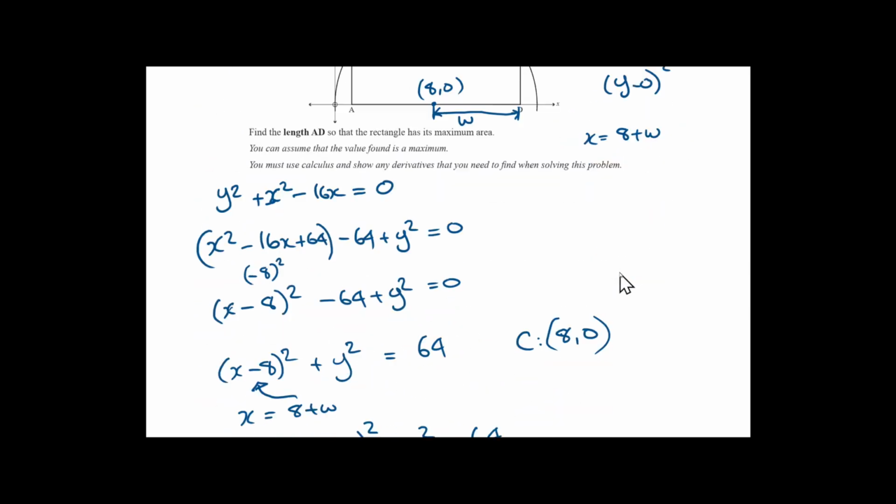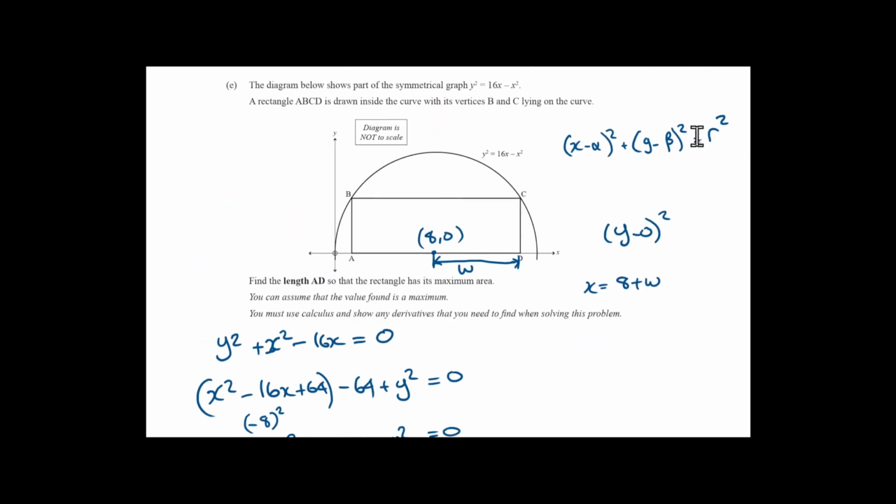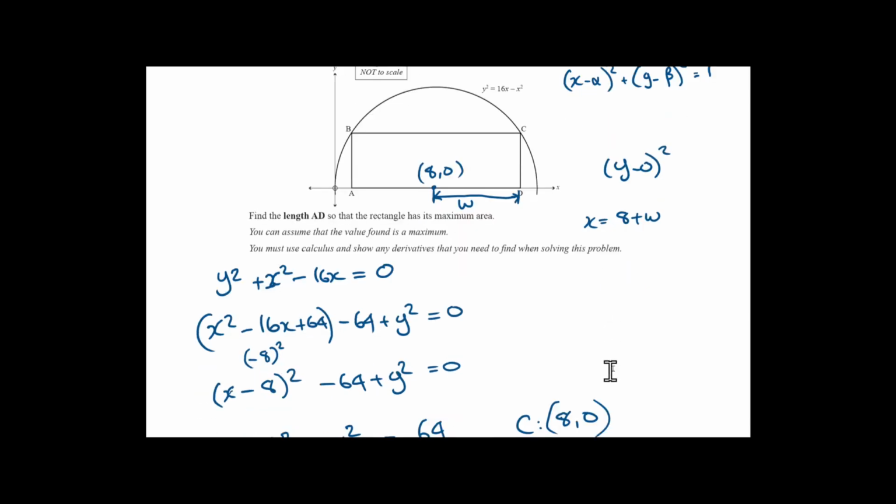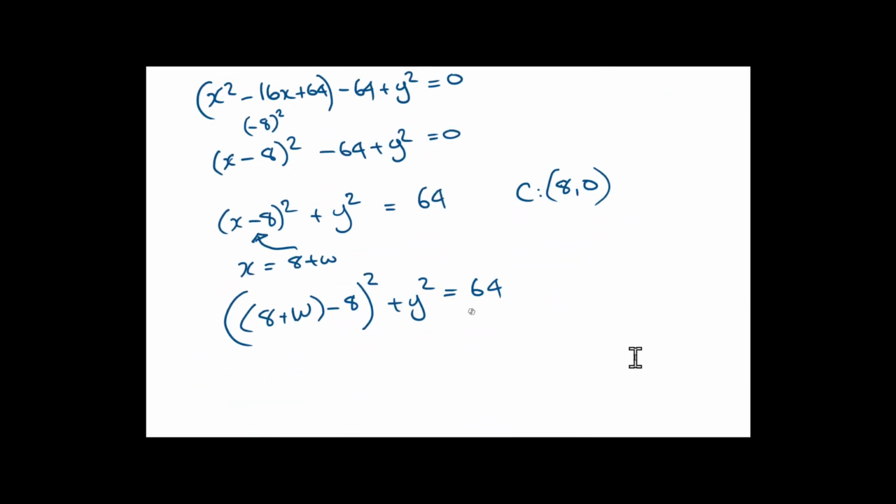Yeah, I had a terrible thought. I haven't put that equal to r. It's equal to r squared. Okay. Now 8 minus 8 is 0. So this is equal now to W squared plus Y squared equals 64.